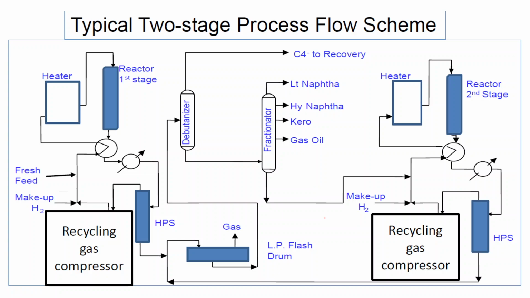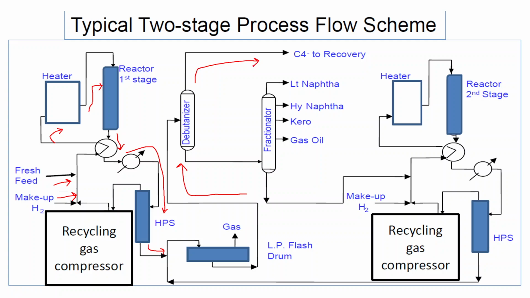A typical two-stage process flow scheme is: here we take the makeup hydrogen, that is, in hydrocracking, hydrogen is added, and fresh feed is added. This is preheated here, and after preheating it is taken to the first reactor where hydrocracking takes place. After hydrocracking, there is further heat recovery. After heat recovery, it is sent to the high pressure separator where separation takes place, and further the gas is sent to the low pressure flash drum, and after flashing, pressure release, it is sent to the debutanizer.